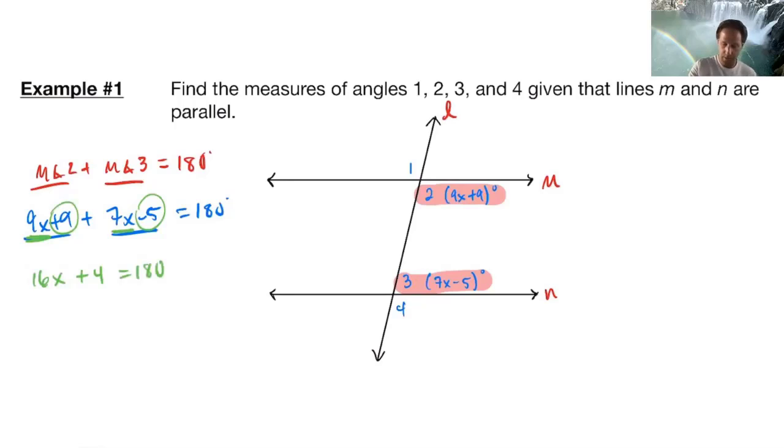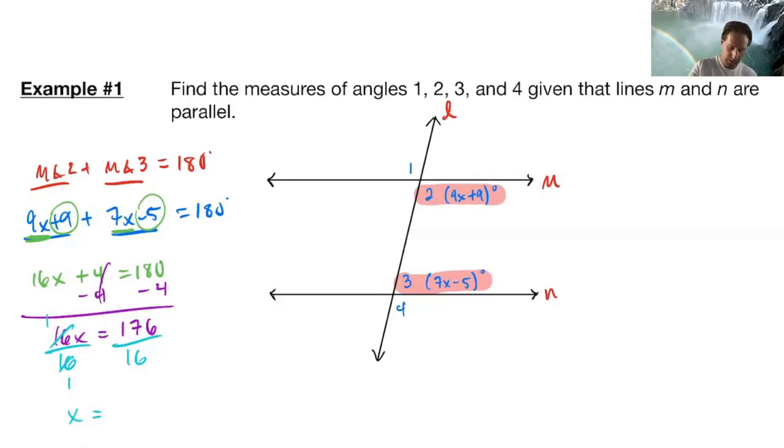So next step, I will go ahead and subtract 4 over. And now I got 176. And then I'll do my long division as I taught you guys in the previous video, hopefully you watched that one. When I divide by 16, check out how I do long division without the long part. I know 16 goes into 17 how many times?